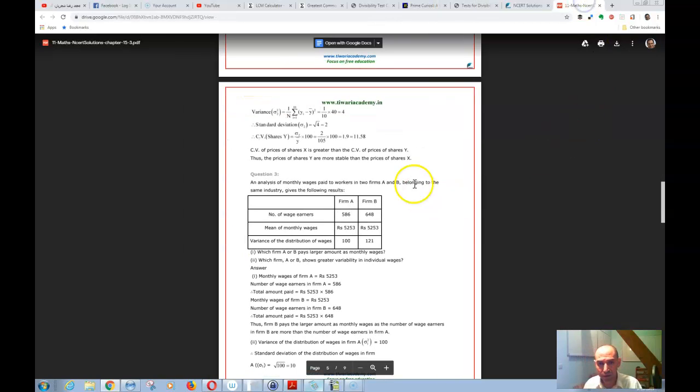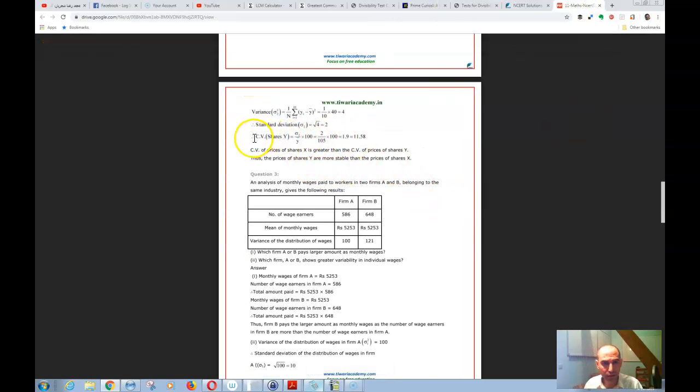For example, as you can see here, the answer says the coefficient of variation of shares y is equal to sigma 2 by y bar times 100, which is equal to 2 divided by 105 times 100, and that is 1.9, which is equal to 11.58, which is nonsense here. This doesn't make any sense. They have made a mistake here, but anyway, this part is correct, and you can tell where they have made mistakes.